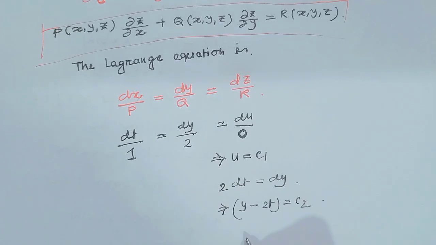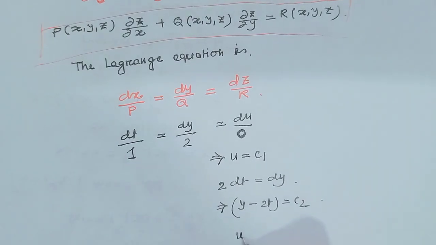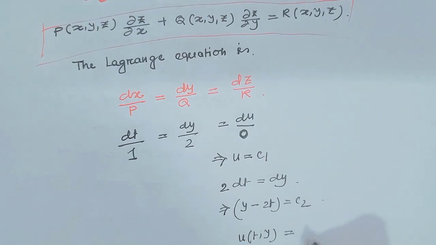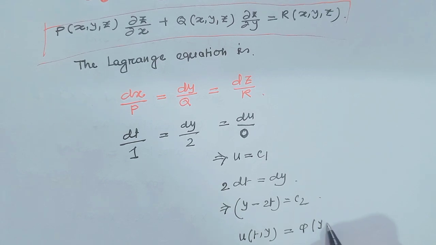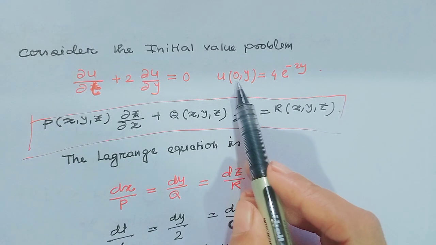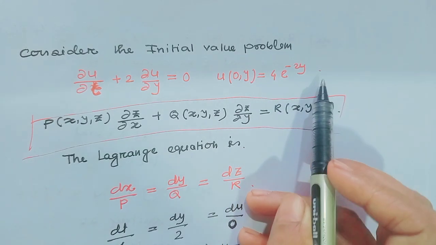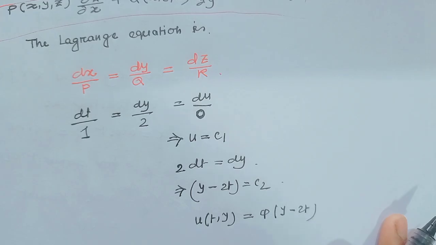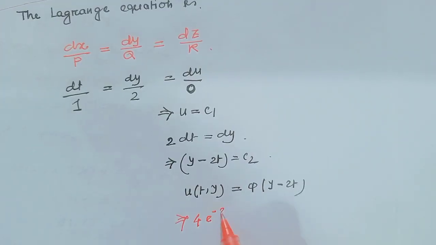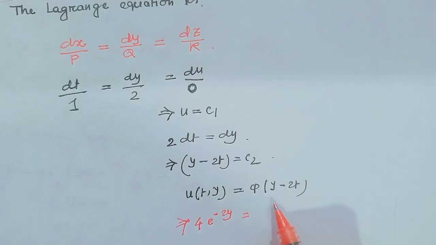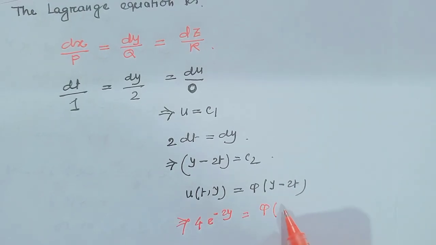That means the solution is of this type: u(t,y) equal to phi of (y minus 2t), and here the initial condition is u(0,y) equal to 4 e to the power minus 2y.